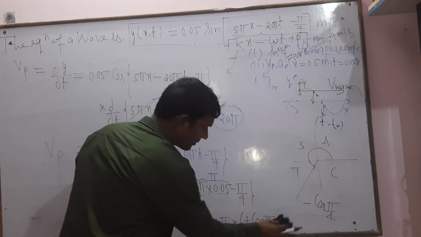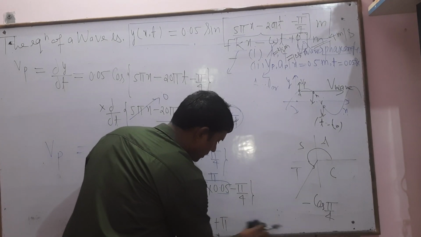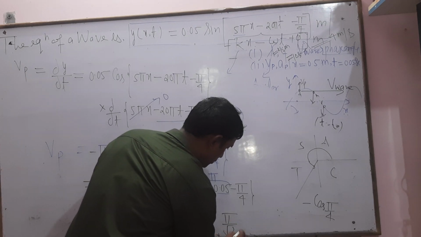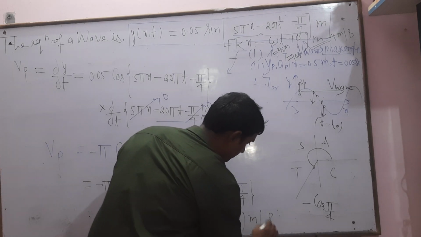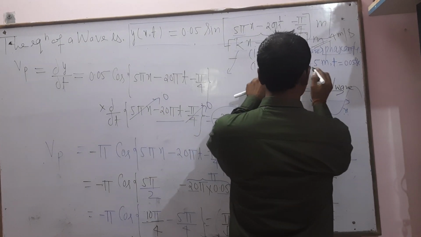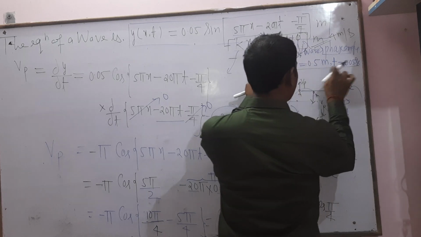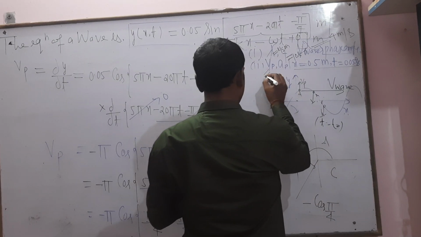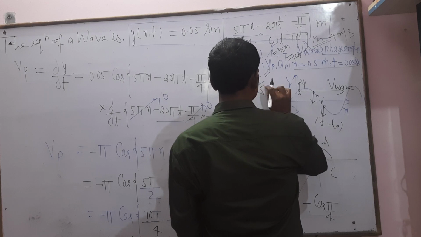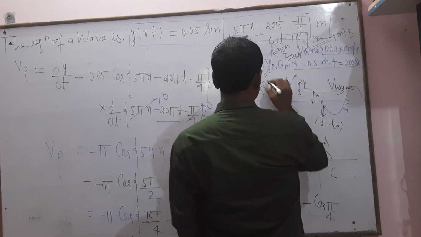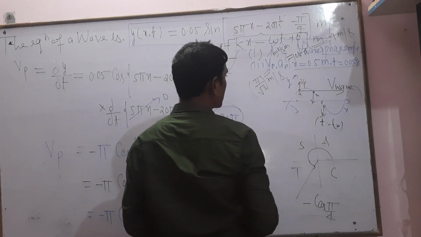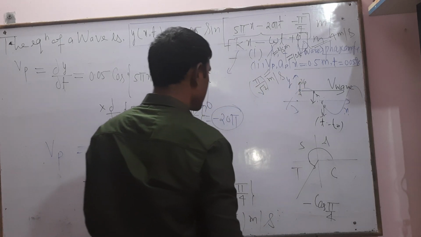Cos pi by 4 means 1 upon root 2, so we get pi upon root 2 meter per second. So the velocity of the particle at the particular position x and time t equals pi upon root of 2 meter per second.